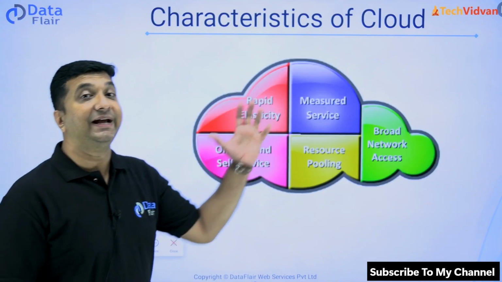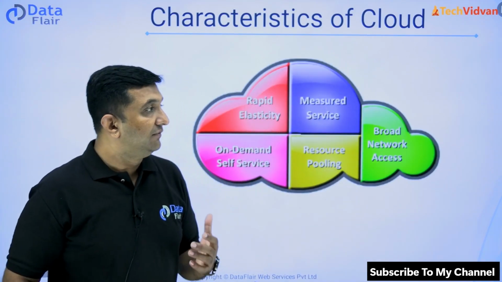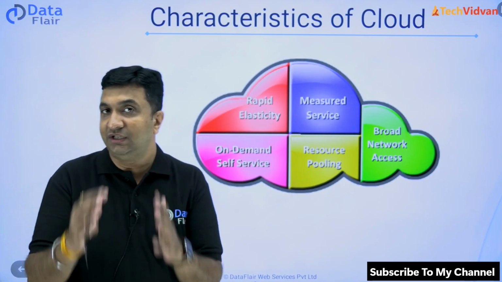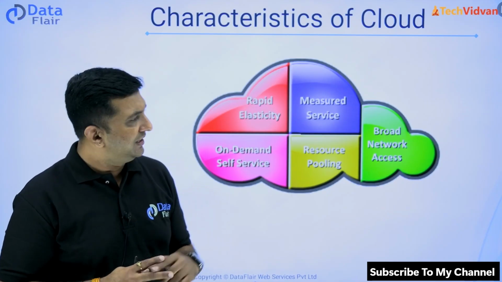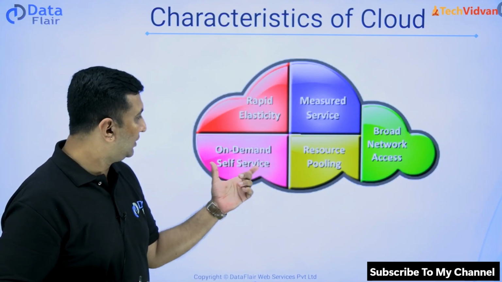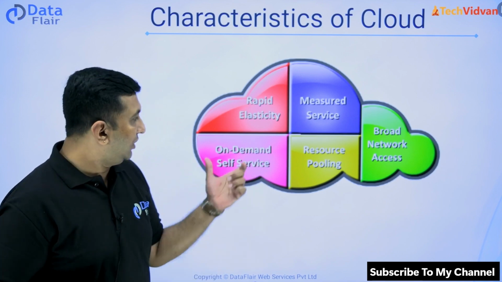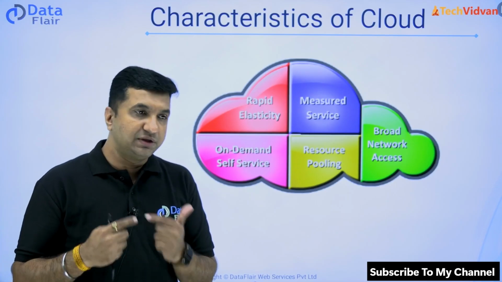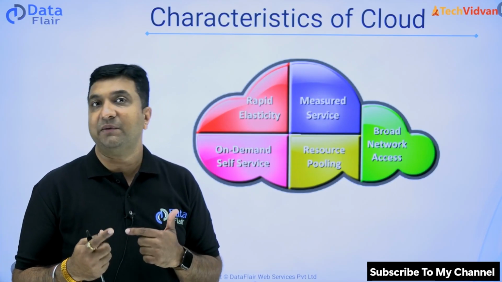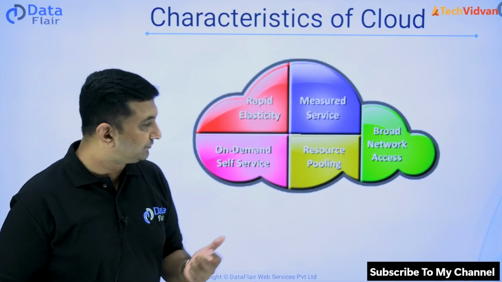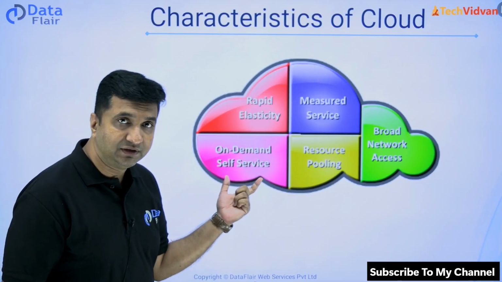Let's talk about different characteristics of cloud computing, which will make you more clear about cloud computing. Let's go one by one. Let's talk about on-demand self-service. Although we have discussed what on-demand is: whenever you need it, whenever the business needs it, whenever the capacity is required. What is self-service?